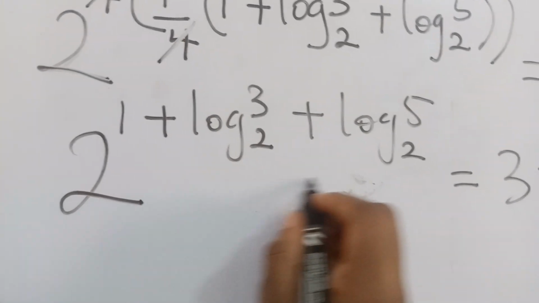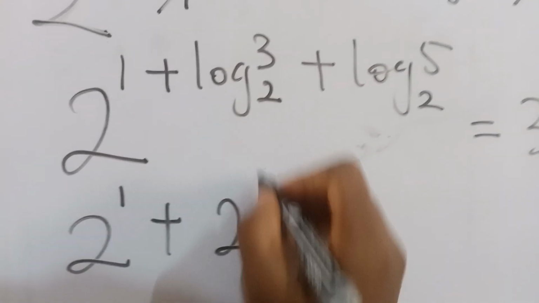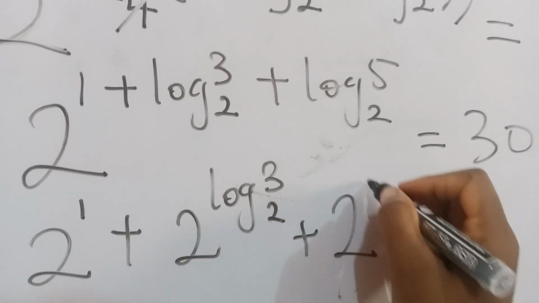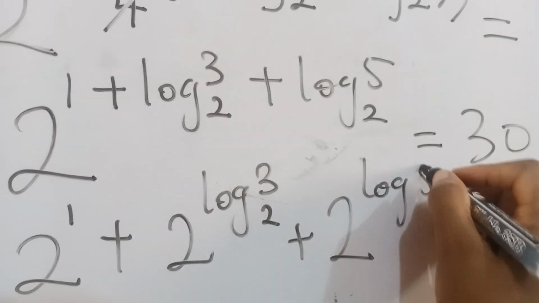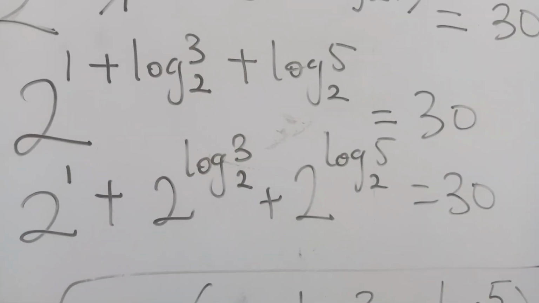Now we're going to split this up, so we distribute it all the way through. From here, 2 to the power of 1 is 2.